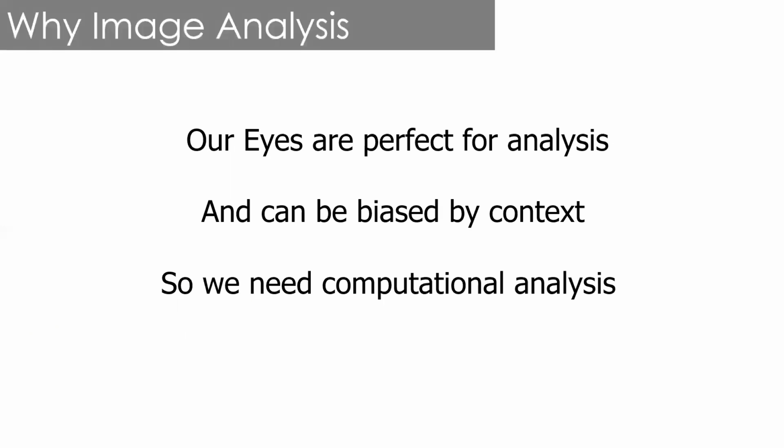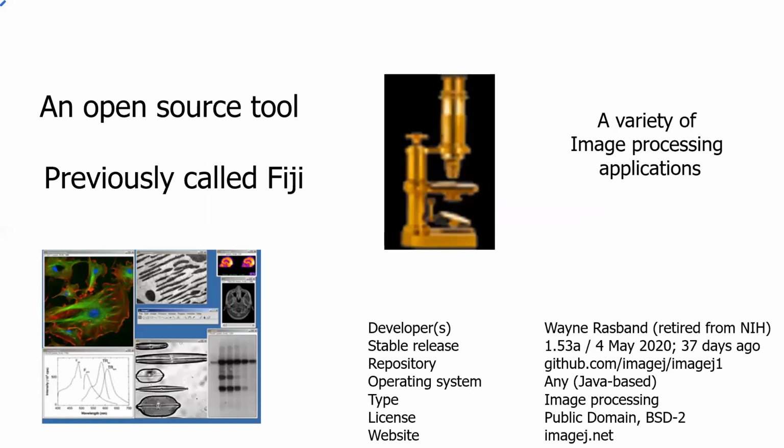Although there are many tools for image analysis, in this training we are using the open source and most widely used tool called ImageJ. It was previously called Fiji. It was developed by the National Institutes of Health, USA, almost 37 years ago.